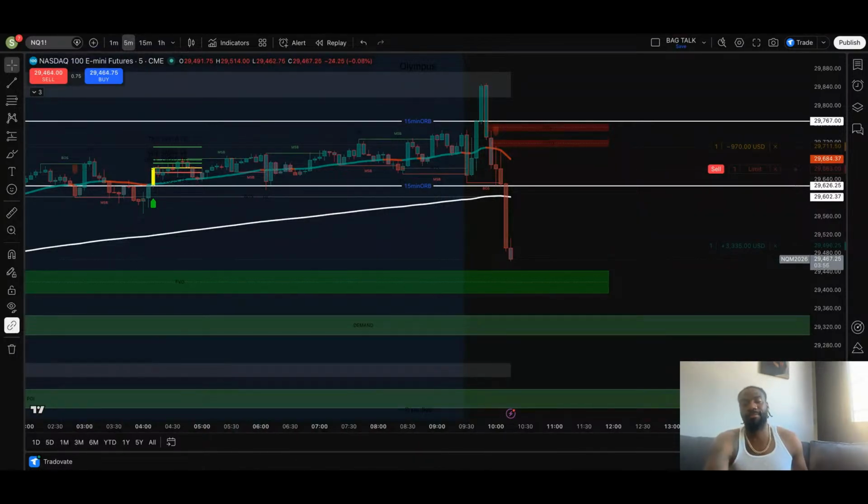Dang, y'all. That's a lot of ticks, points, pips, you name it. My boy said he caught the drop. He said he caught the drop.